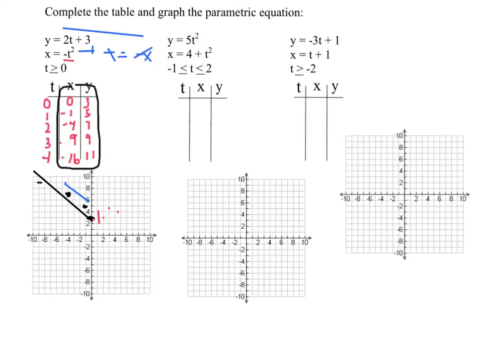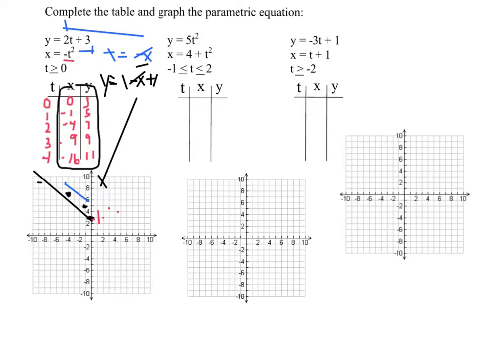And then take that and substitute that into y. So we end up with y equals 2 times the square root of negative x plus 3. And this is a Cartesian equation that would give us the same graph, which it certainly looks like a square root function that's been reflected and shifted up.